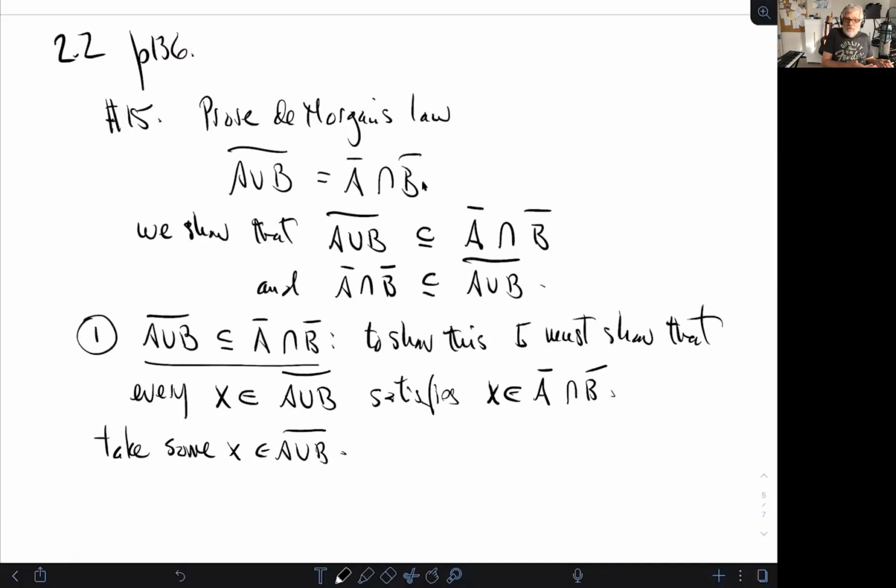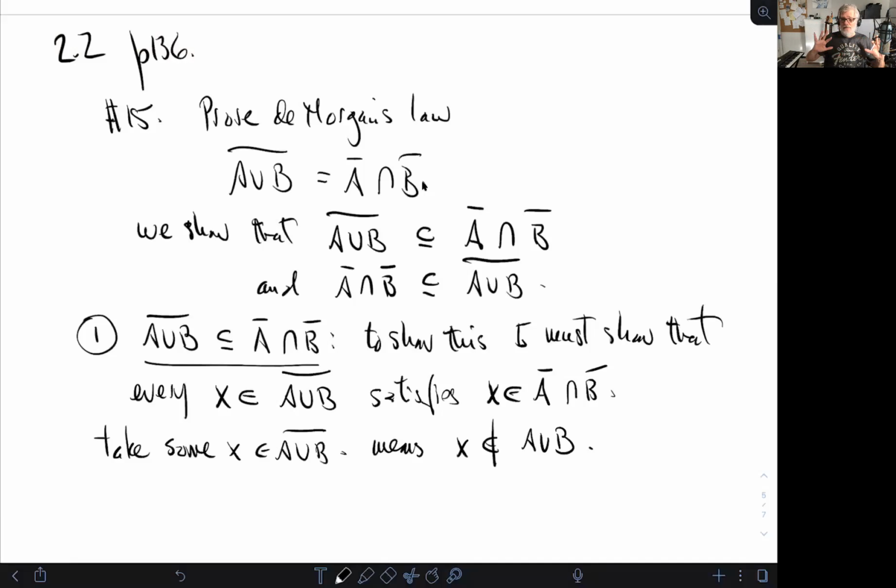What does it mean for x to be in the complement of the union? Okay, so this means that x is not in the union, right? It's the complement. So it's in the universal set, some fixed universal set, but it's outside A union B. So what does it mean for x not to be in the union of two sets?